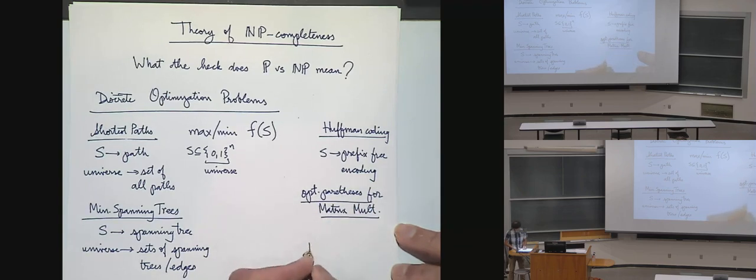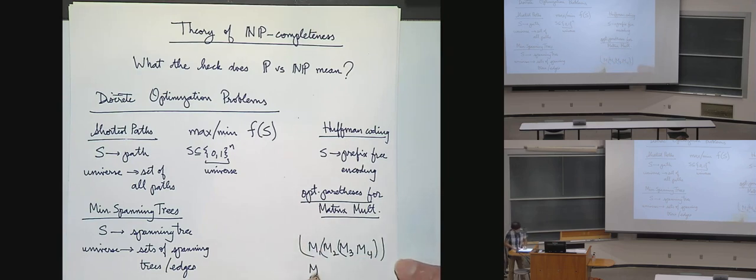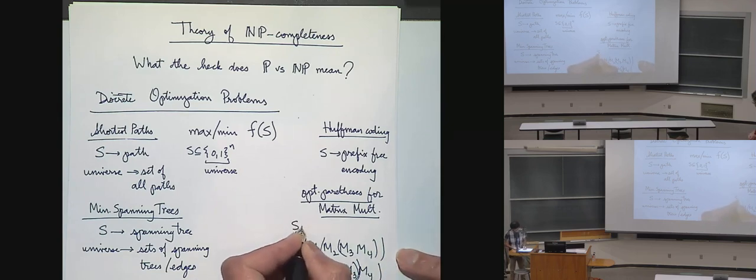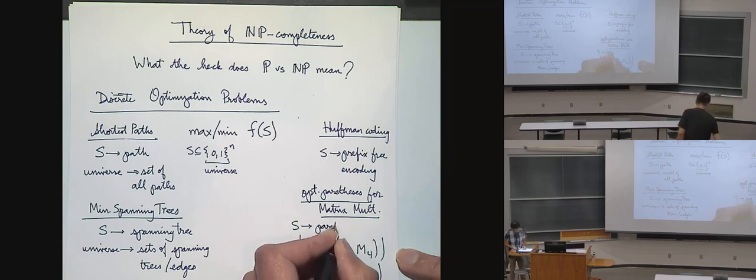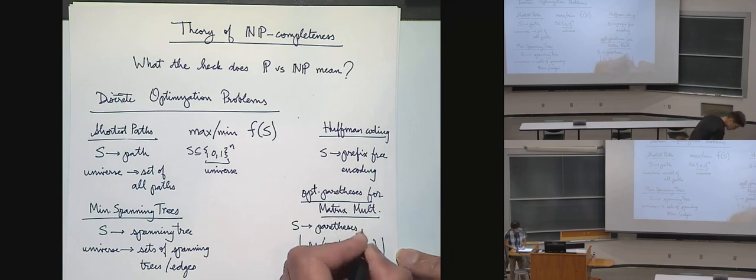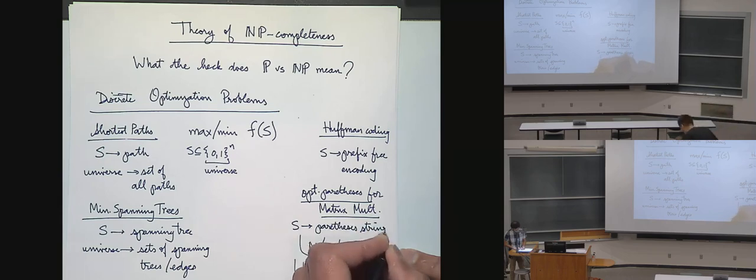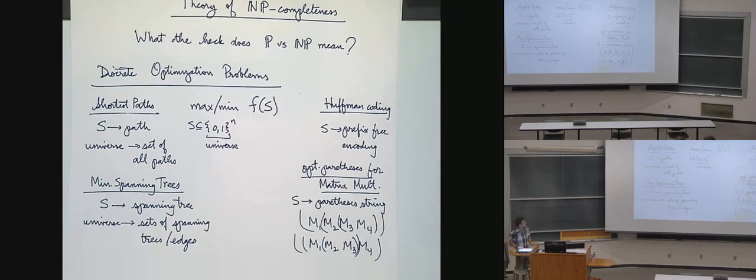So this was that scenario where you had M1, M2, M3, M4, and you're like, should you multiply it this way or some other way? Right, so on and so forth. And so here S is a parentheses string. So you have all of these examples.